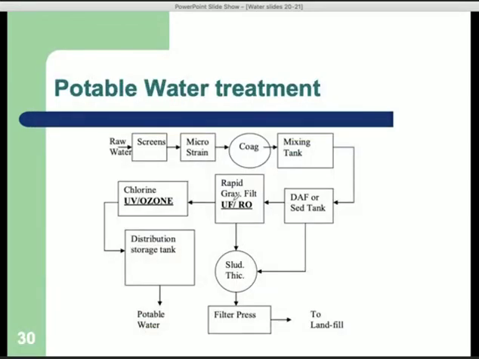And that's why in potable water treatment, again, the stuff that you will go into much more detail with Jachan, what you have is first you have a screen where you just take out dead sheep or whatever floats down the river. Then you have a micro strainer that looks a little bit like the hollow fiber that you might have in your winter jacket. So the water flows along the fiber, and then the clean water goes inside of the fiber and flows along, and the dirt stays outside.